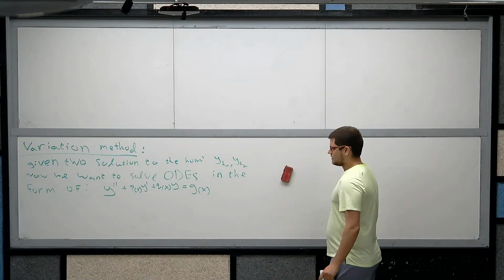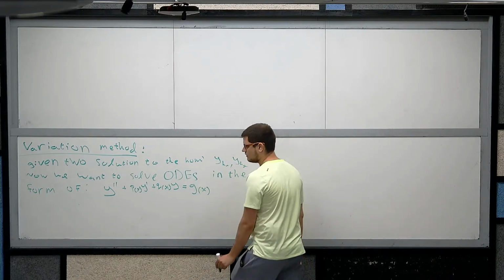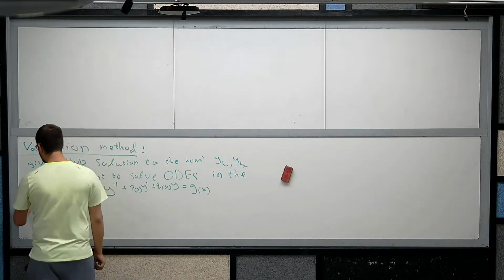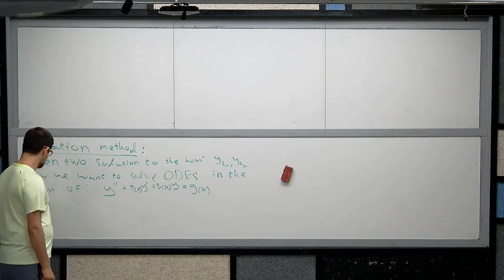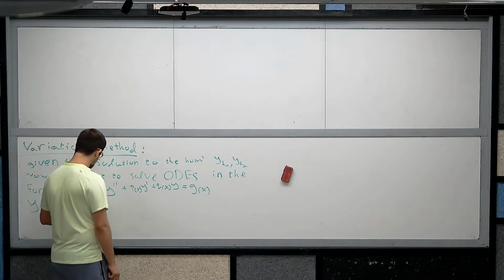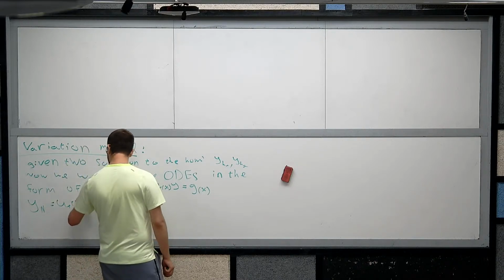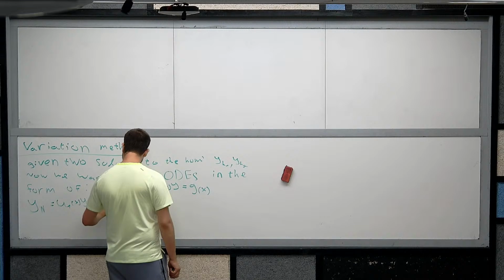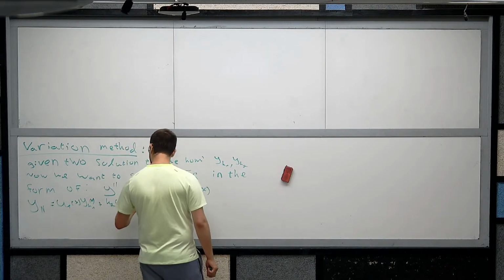So what the variation method says is, the idea is the non-homogeneous solution is in the form of u1 of x y_h1 plus u2 of x y_h2 of x.